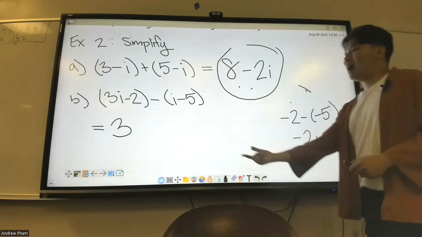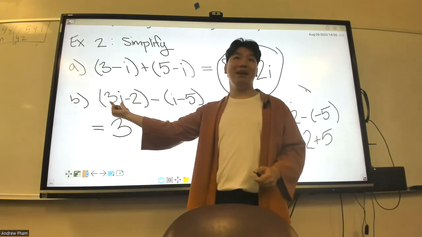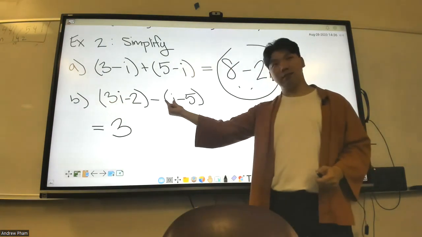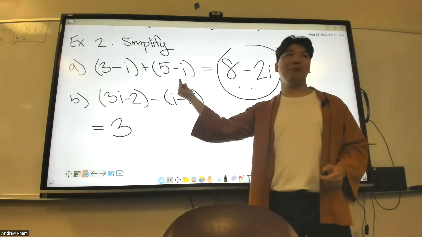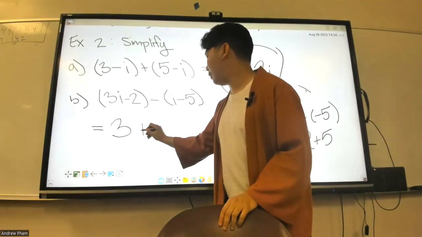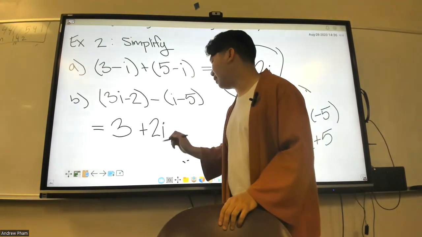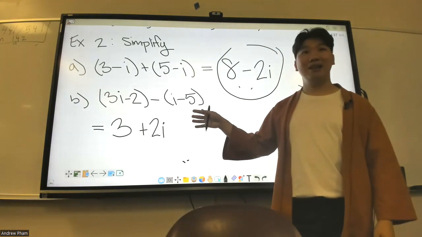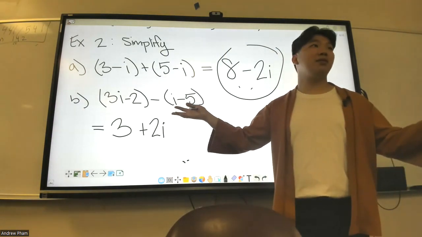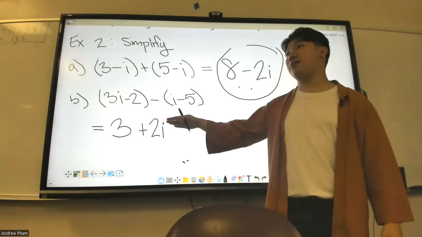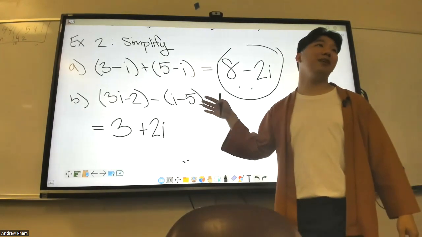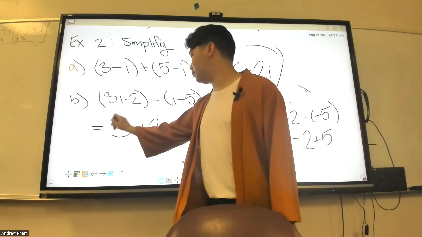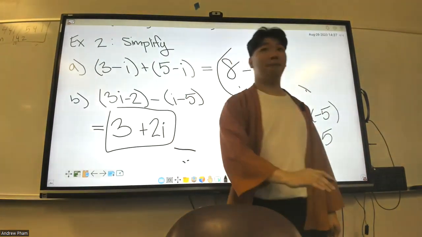Yeah, so imaginary part here is 3i minus i. So it's 3i minus i. Yeah, I get plus 2i. Again, I'm not going to make a big deal if you put 2i plus 3. 1 plus 2, same thing as 2 plus 1. It's usually standard that we put the imaginary number at the end. We're done.